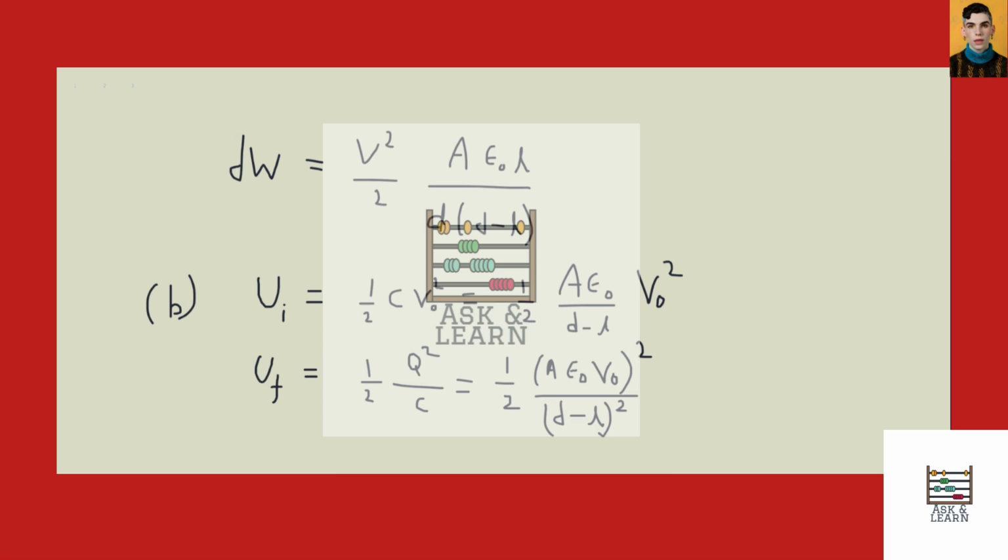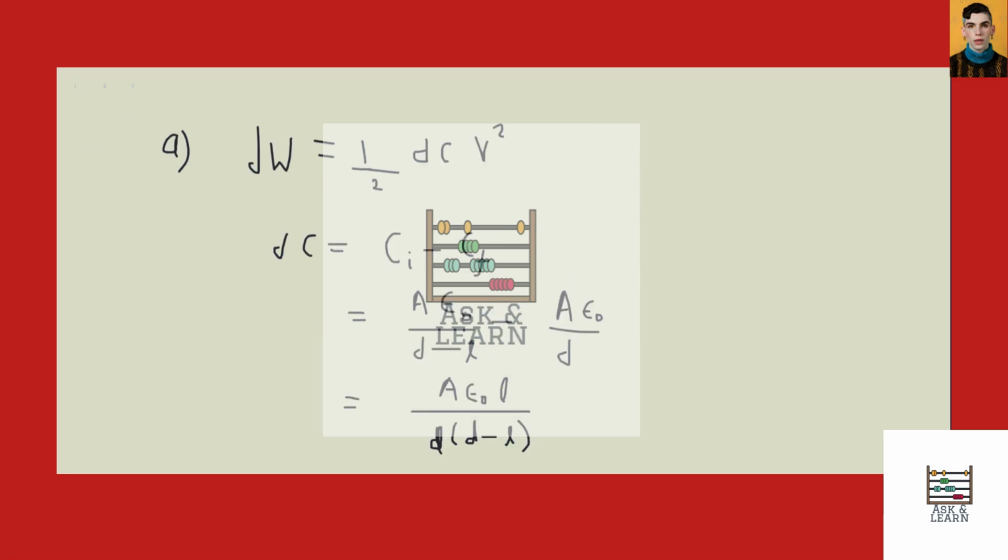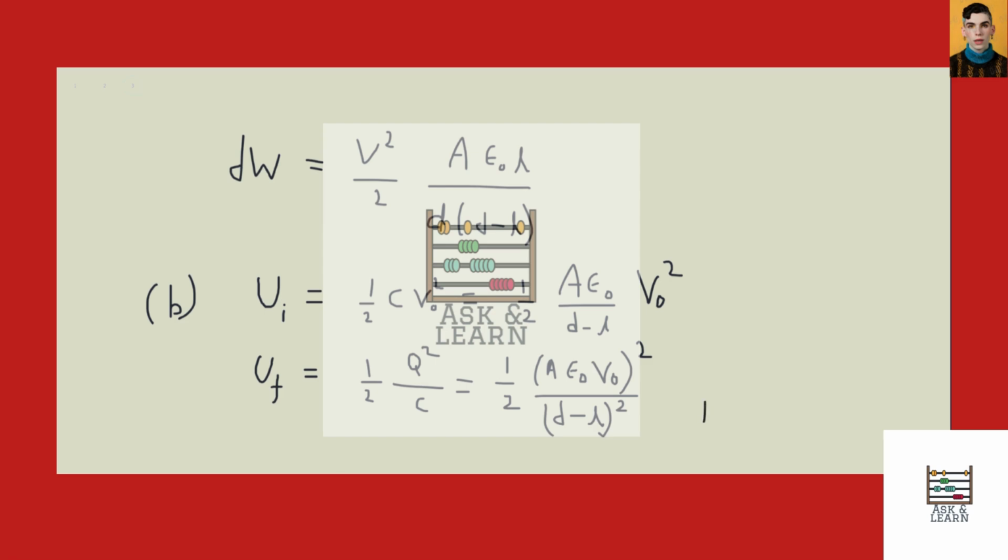Now in this case c is the final one, so this is your c final, so you're going to use this now, A epsilon naught, since it's inverse, it should be D divided by A epsilon naught. Now all you have to do is cancel A and epsilon naught here, so we have only A epsilon naught remaining in the numerator.